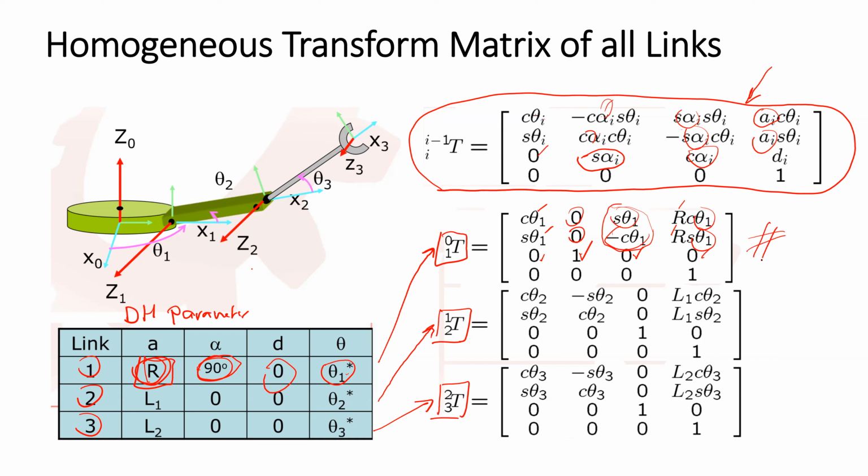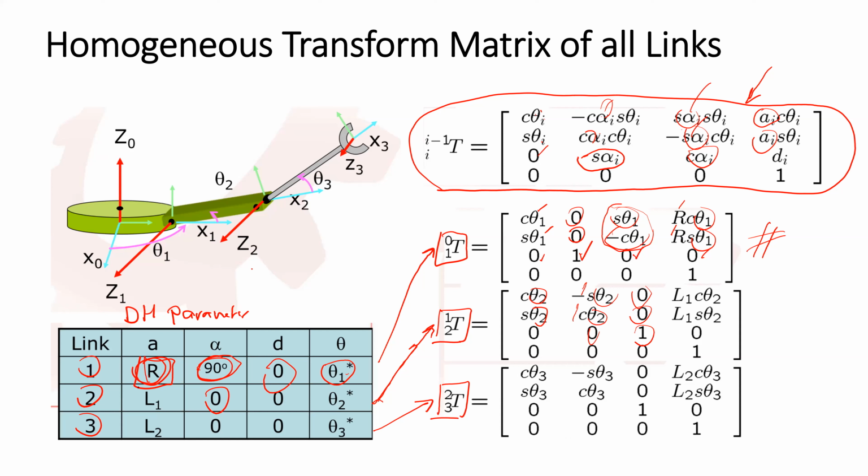How about relating frame 2 to frame 1? We use the parameters of the second link. Yes, cosine and sine of theta 2. The link twist is equal to 0. It means cosine 0 is equal to 1, right? And we have theta 2. Sine of 0 is equal to 0, cosine 0 is equal to 1.